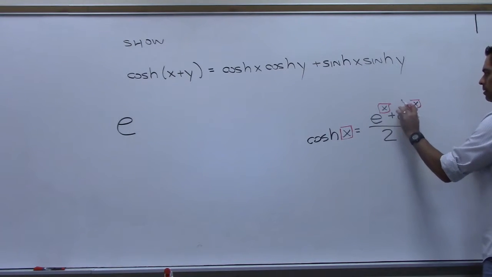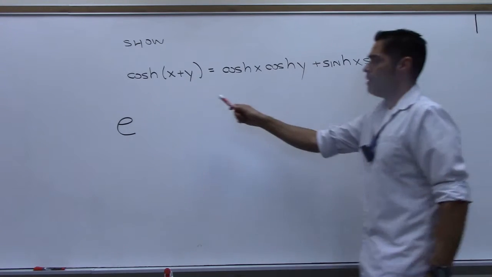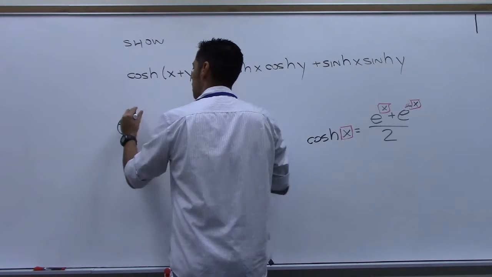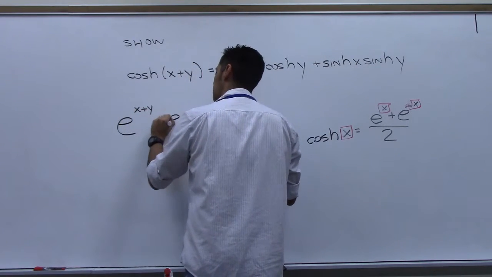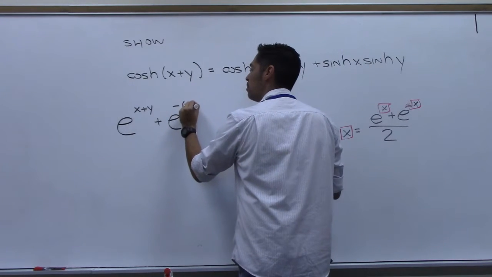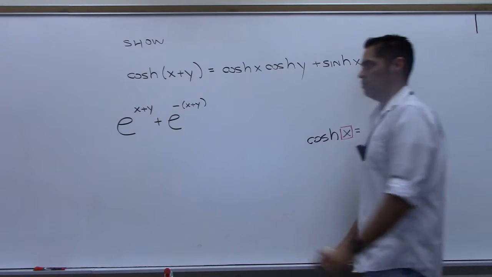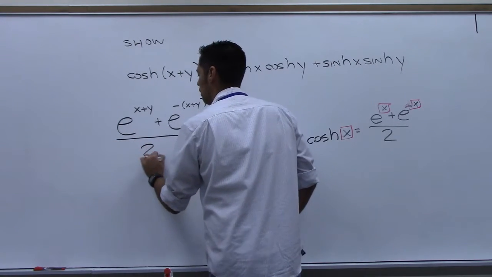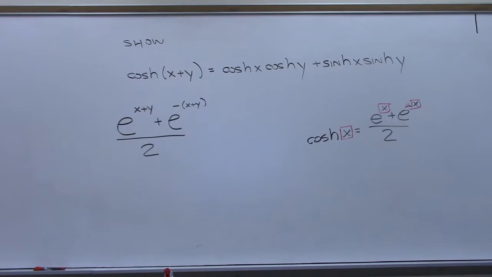That's right. So this should actually be e to the x plus y plus e to the negative x plus y, over 2. That's what the left side is.